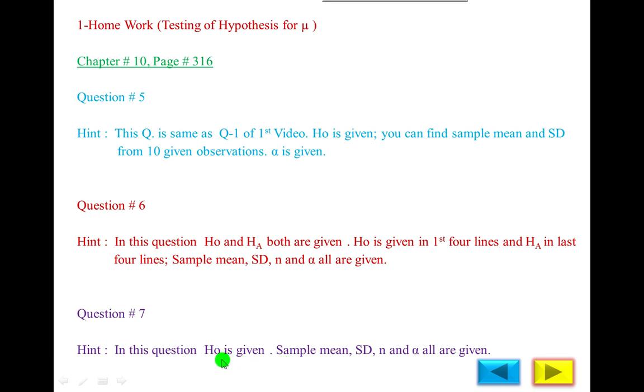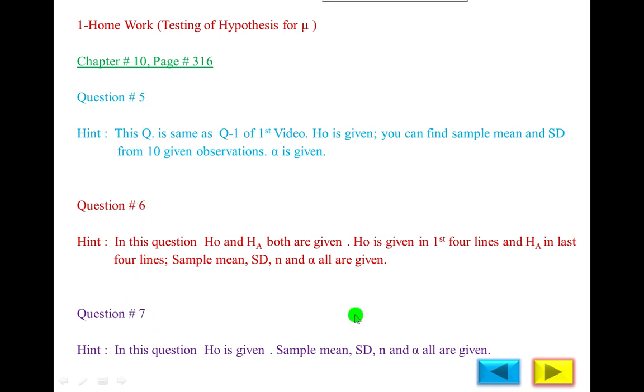So you can write, if this is equal to, alternate will be not equal to. If null is less than or equal to, alternate will be more than. If null is more than or equal to, alternate will be less than. So read carefully these 3 questions and try to solve question number 5, question number 6, question number 7.